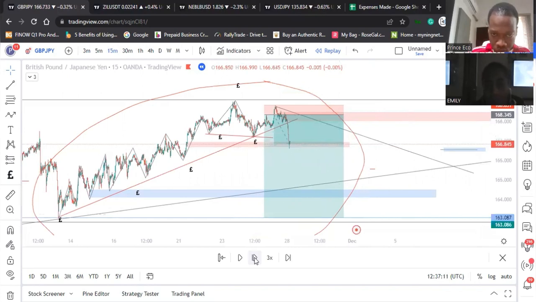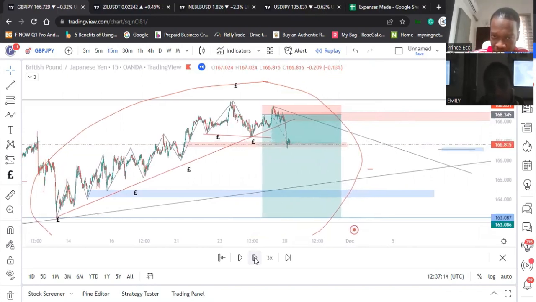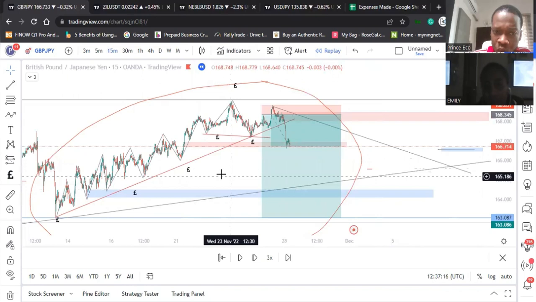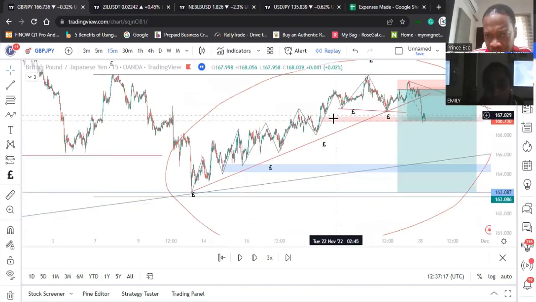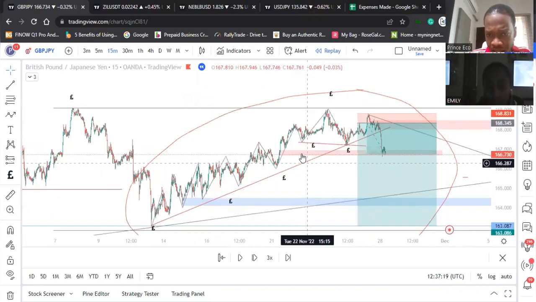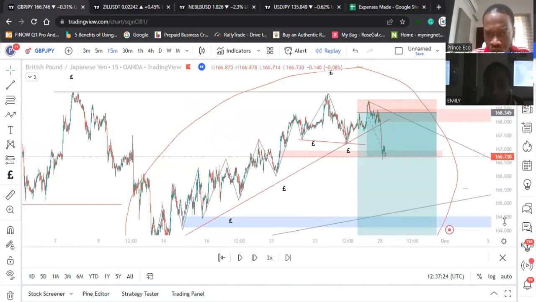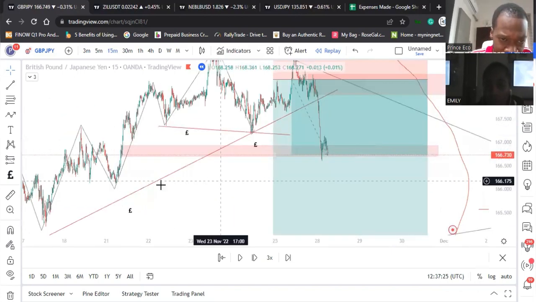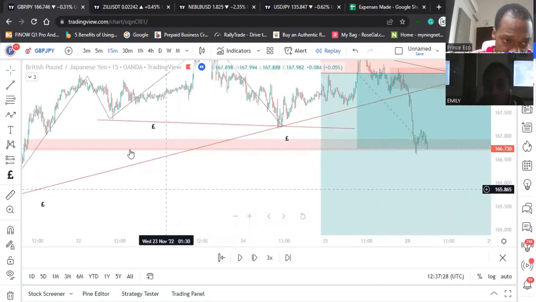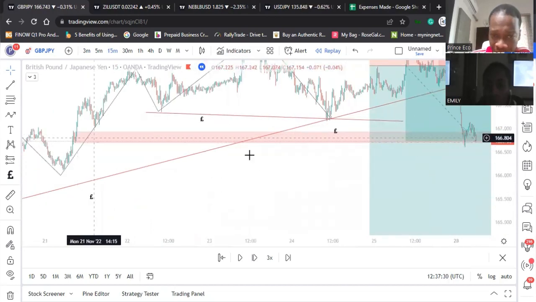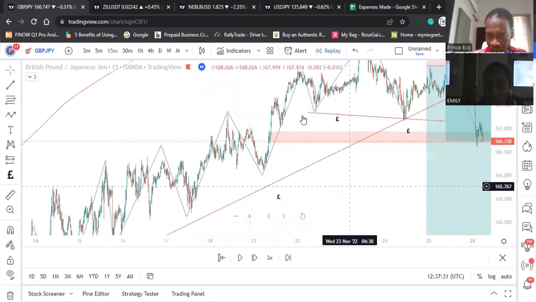We're going down. Remember, your stop loss has been set to break even. Now, the reason why I put this supply zone here is because I saw something like this. This is a supply zone for me.